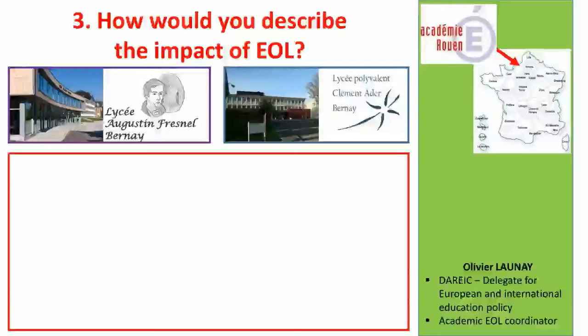Families also, and this has been mentioned previously during the presentation, have a very positive image of both schools now. They feel that both schools are open, dynamic, and creative. And in a way, it bridges the gap between vocational and general education, at least locally.